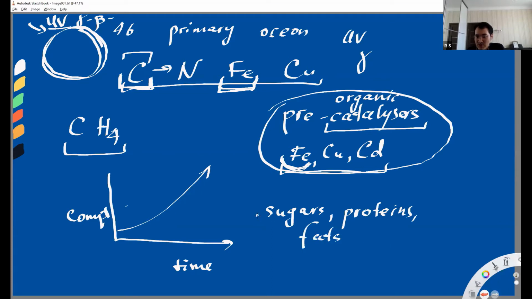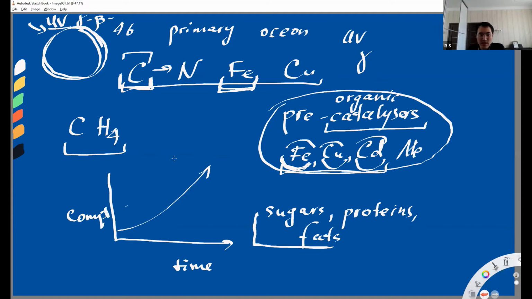In the production of these, we still needed the same metals because the pre-catalyzers evolved into catalyzers or enzymes afterwards, which were still needing these metals, or any metal.